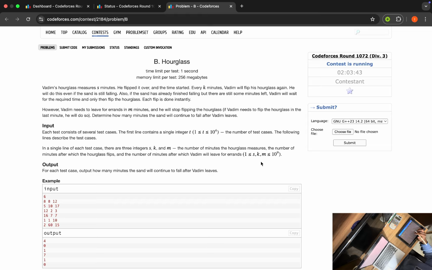So every 8, 8, 12, so every 8 minutes, the hourglass measures s minutes.